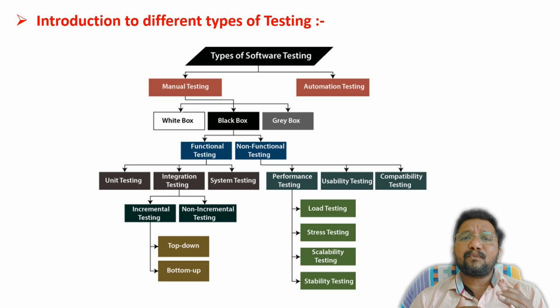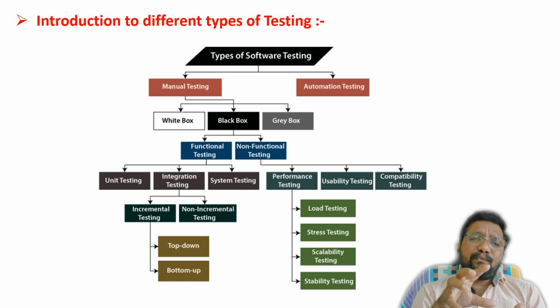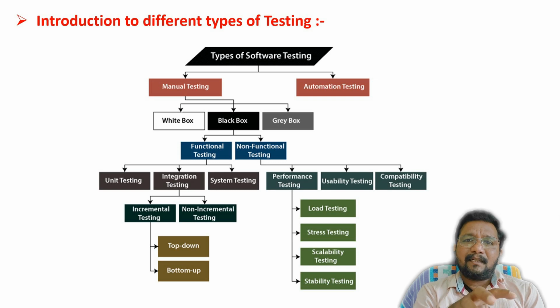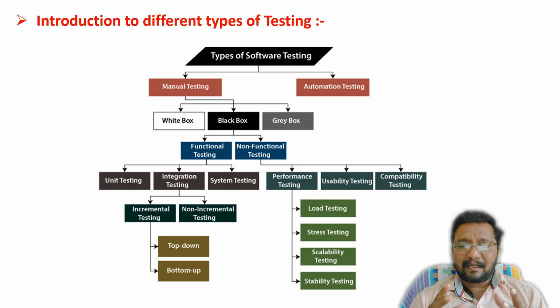And again, performance testing is done in different levels. That is load testing. When n number of users access the same application at one time, how does it handle the load? See, sometimes some applications crash because of high load.